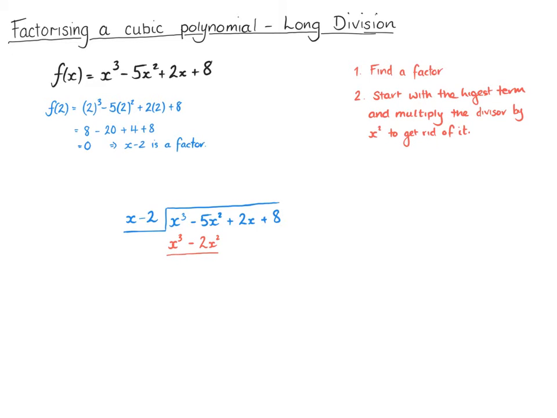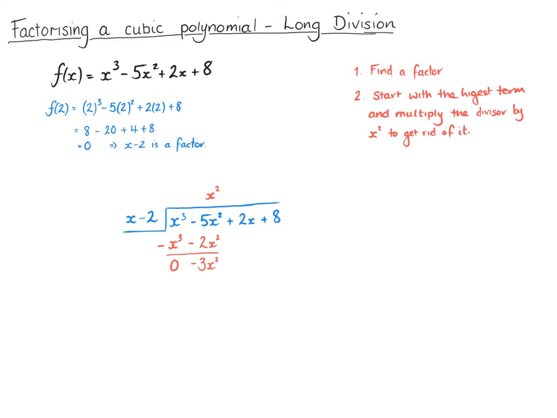So that is what we've now multiplied by, so that has to go up. And then we've got to take these away from each other to get our remainder. So x cubed take away x cubed is 0. And then negative 5x squared take away negative 2x squared ends up with negative 5x squared plus 2x squared. So we're going to get negative 3x squared.